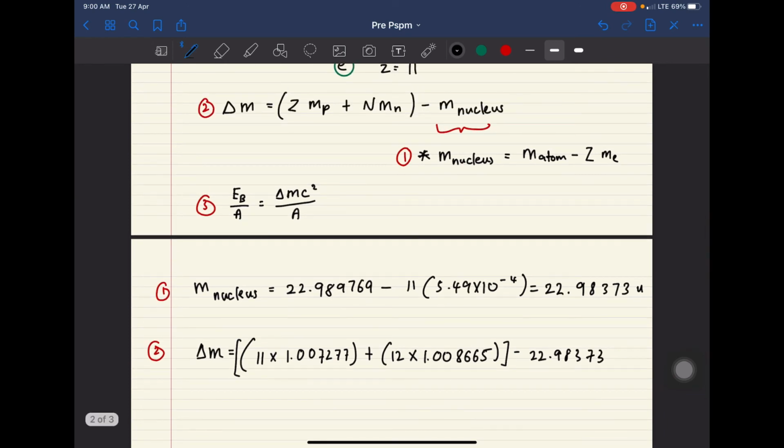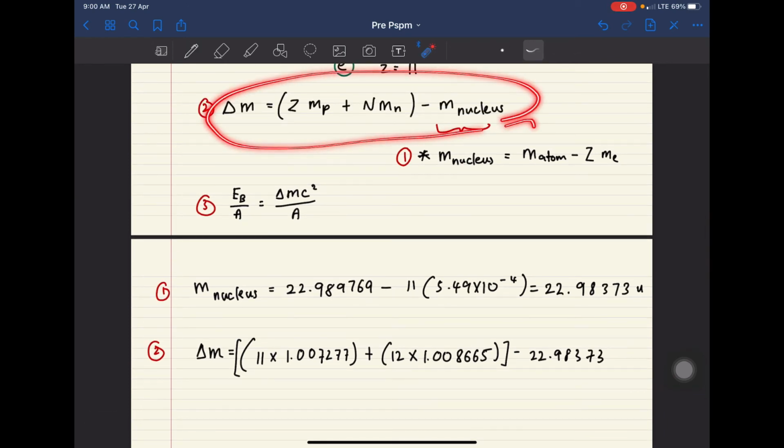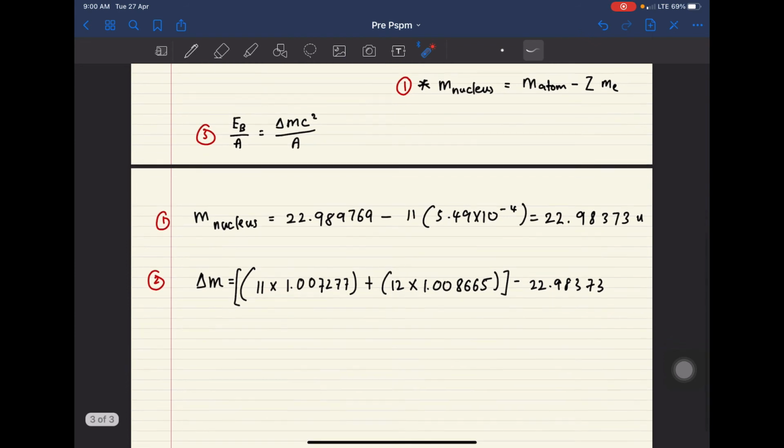So basically I'm using this formula and substituting all the numbers, and checking my constant values to see whether they are correct. It seems correct. Now just do the final step, which is calculating.